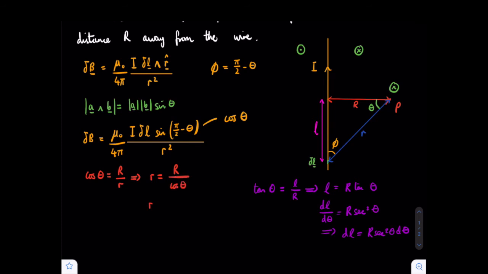And therefore r squared equals R squared over cos squared theta. And that can be written as R squared sec squared theta. So we have converted delta L and r. These are in terms of theta. These are constants. This is also a constant. So nice. Now we can perform the integration.